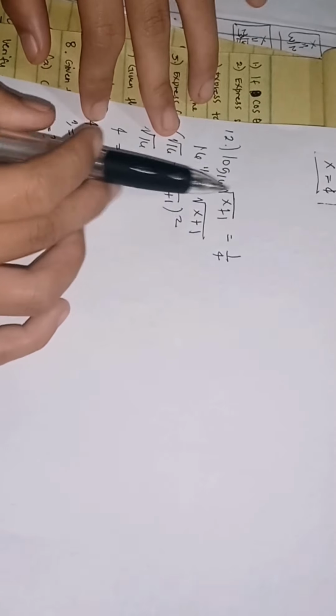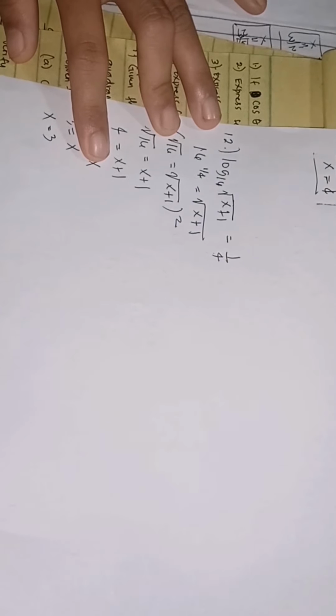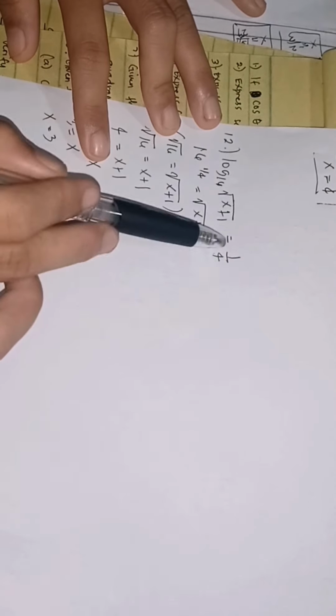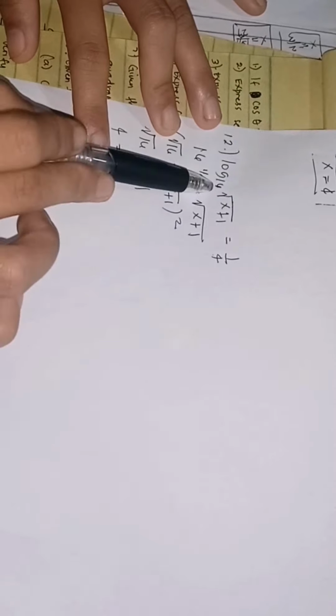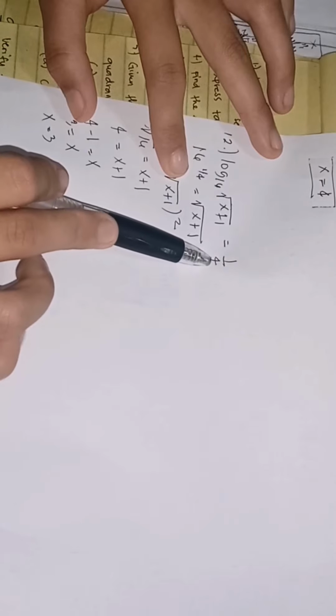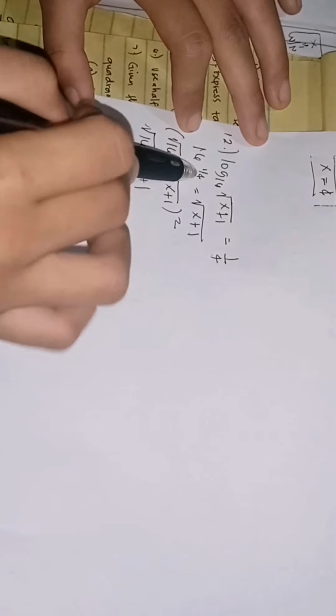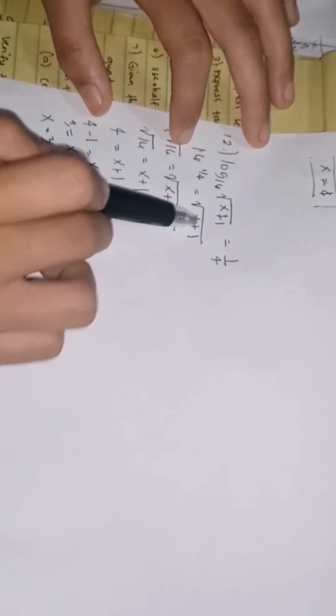Lastly, problem number 12, which is log with the base of 16 of the square root of x plus 1 is equal to 1 fourth. So, first, combine the log and 1/4, so the 1/4 becomes the exponent. The base is 16, and the exponent is 1/4, equal to the square root of x plus 1.